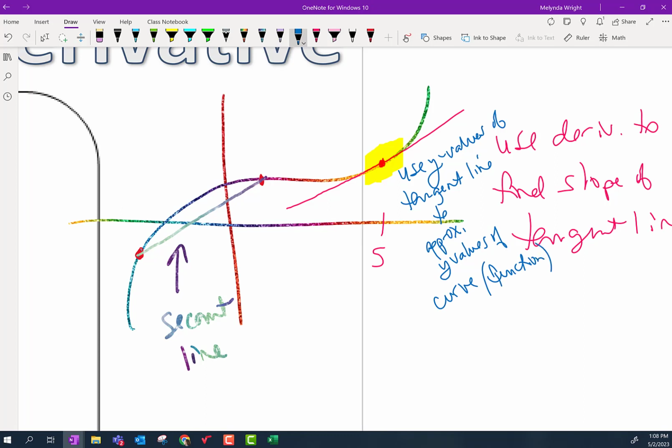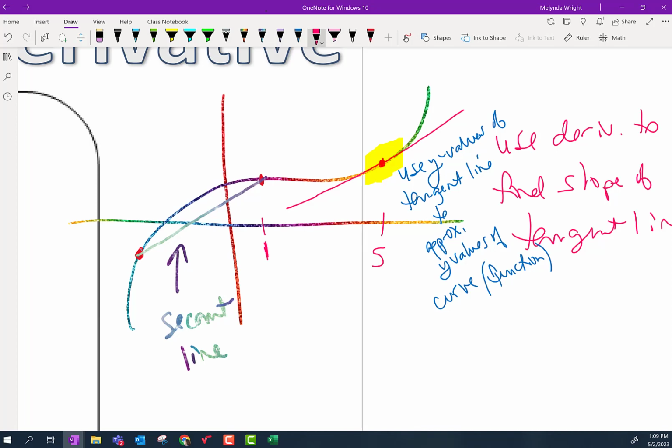Hopefully you can see that if I was using a tangent line that's centered at 5, where it touches, and I was trying to find an approximation of the y value of the curve at 5.1, it would probably be pretty good. Now, that looks pretty close, right? But what if I was trying to find the y value over here, let's say at 1?